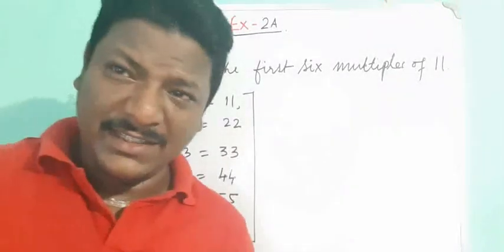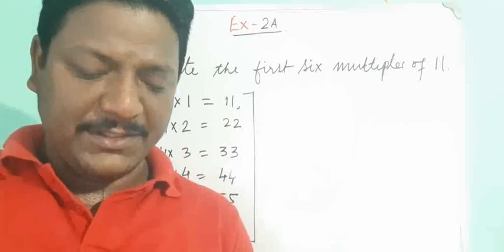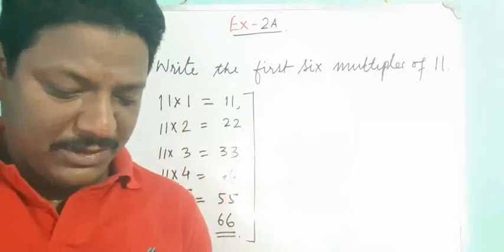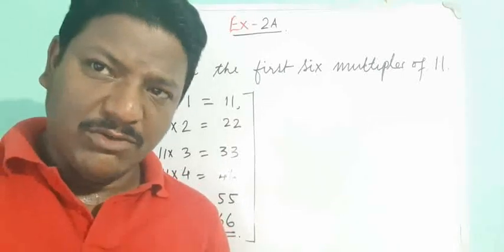Okay, are you understanding? Is it gone or going off your head? It's very simple. This chapter is very simple. Okay, next chapter will be also very simple. This exercise is very simple, no need of worry.